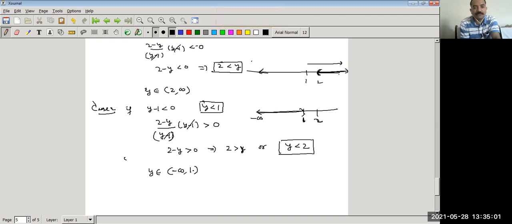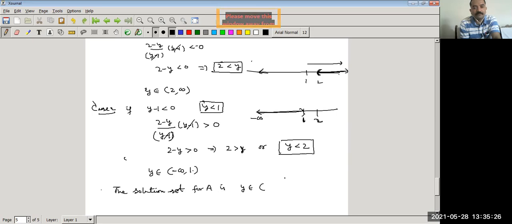So when we combine both the cases, therefore the solution set for A is y belongs to minus infinity comma 1.